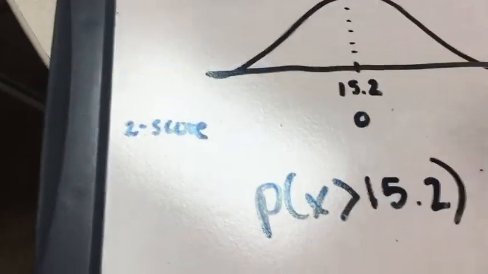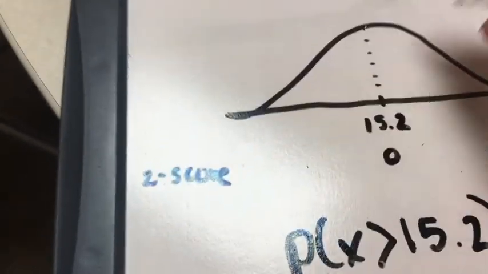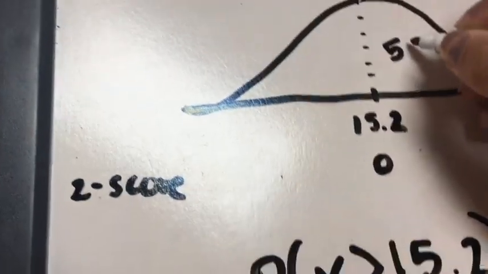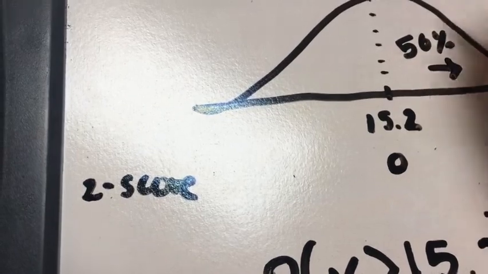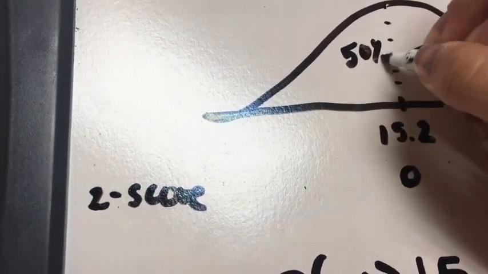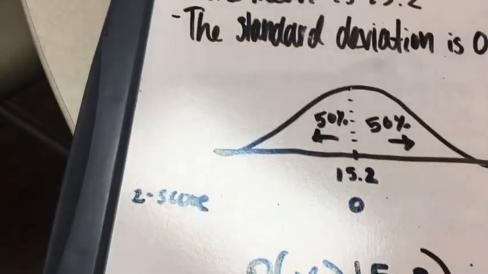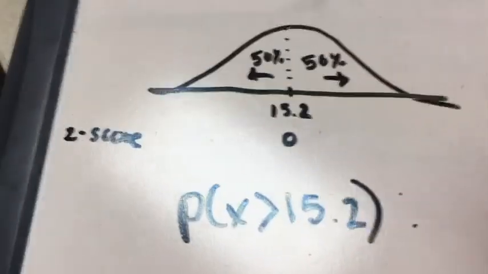So once you split it down the middle, it's 50-50. There's 50% of your area going this way and 50% of your area going that way. And if you add them together, that'll equal 100%, which is what your total area should be.